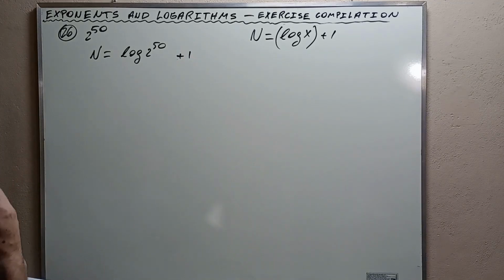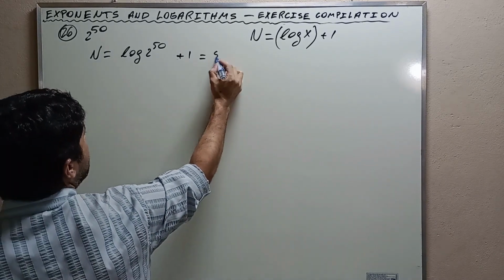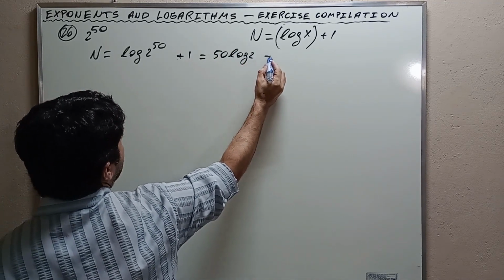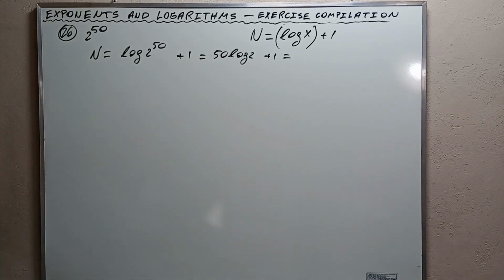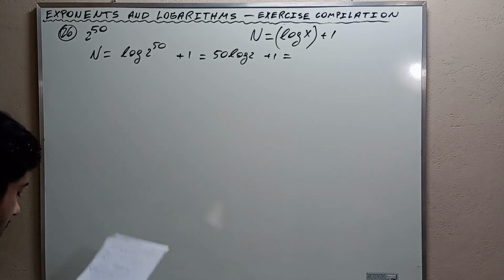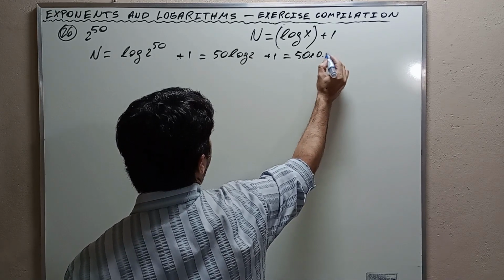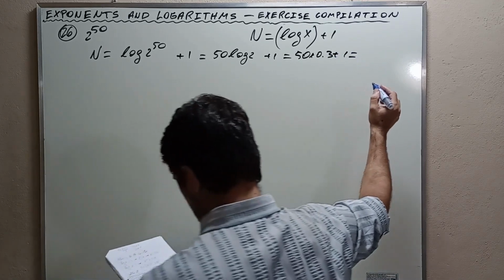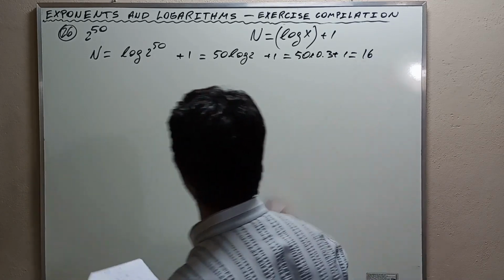And using the power, we find that it is 50 times the logarithm of 2 plus 1, okay? And the logarithm of 2 we can approximate to 0.3. 50 times 0.3 plus 1, and this is equal to 16. Okay?